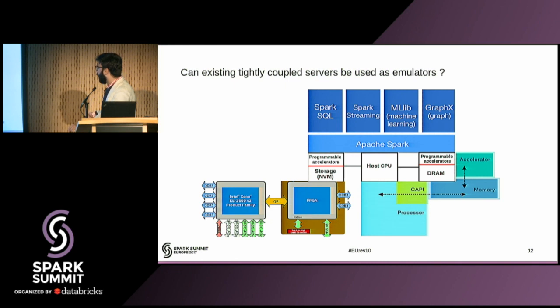So here I'm proposing a host CPU, which means you have a processor there, you have a DRAM, which means you have a memory here, and then you have programmable accelerators. You also have an accelerator here, and then you have an interface here and an interface there as well. So these existing servers could be used to emulate these programmable accelerators near DRAM, these near-data-accelerator-augmented servers.